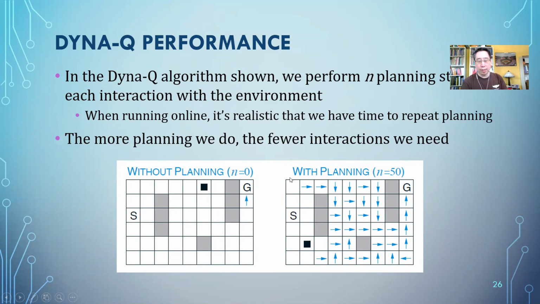What they show is an example where your n was 50, and after that last interaction, you do 50 planning steps. This is still the random Dyna-Q, so it's random which states it's going to update. But it might randomly at some point hit this state and say, oh, left may be 0, right may be 0, down may be 0, but this one up here has a non-zero value.